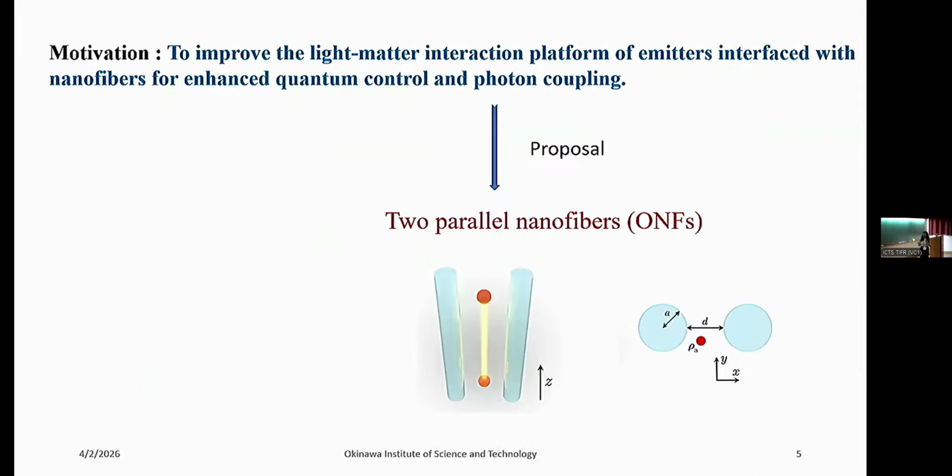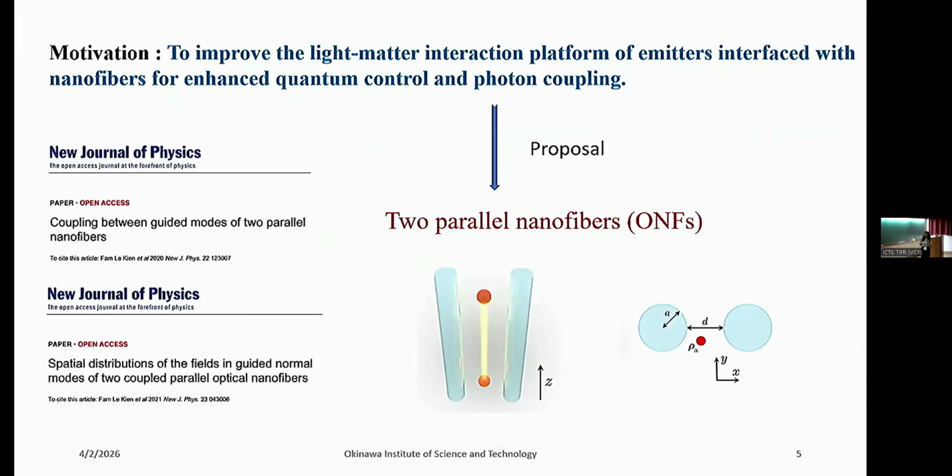When the atom is trapped or placed between two nanofibers, we can increase the efficiency significantly. This coupling of guided modes between two parallel nanofibers was already studied in the group by Fam Le Kien and others. But my problem is to study the whole radiation dynamics of the system.